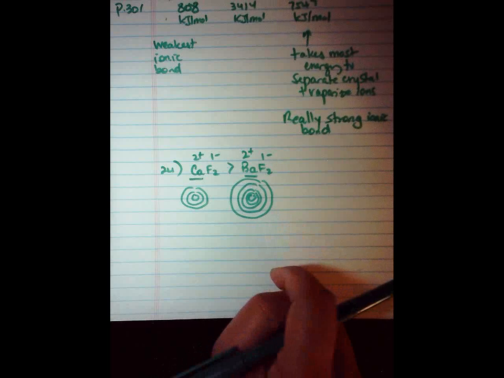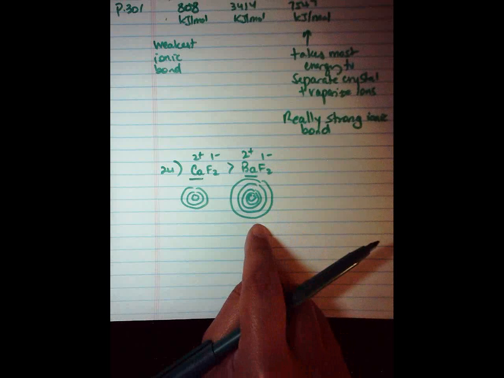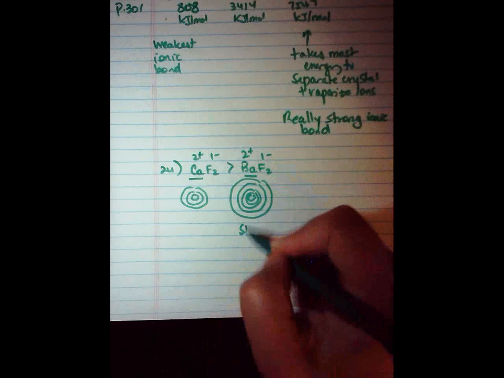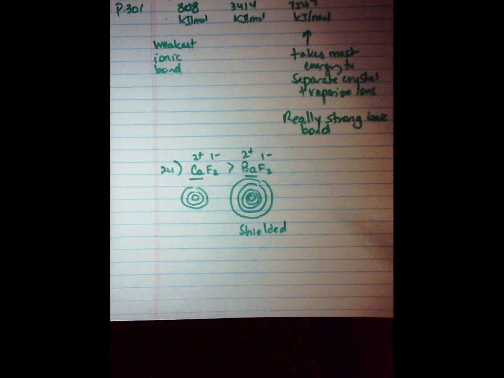Shielding. Did you say that out loud, Dallas? Good for you. Shielding. Okay, this nucleus is shielded. It cannot make as strong an ionic bond, so then it's not going to take as much energy to melt that crystal and vaporize those ions. Okay? Make sense? Yes?